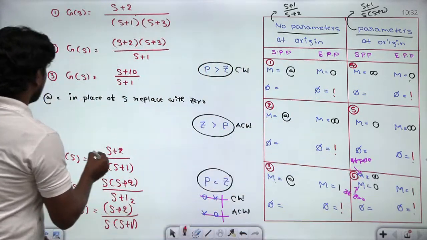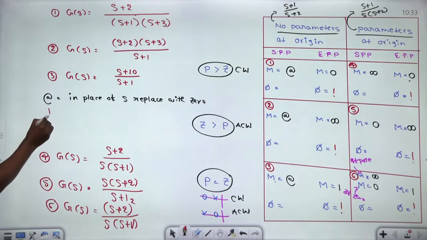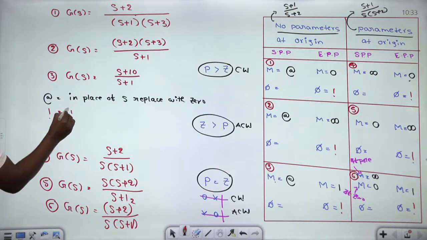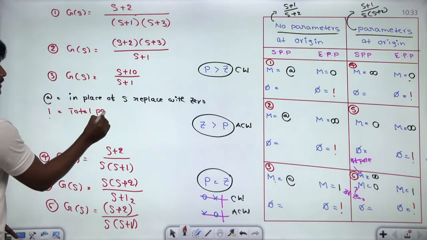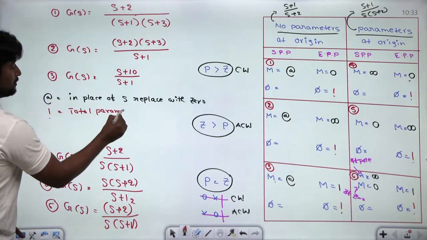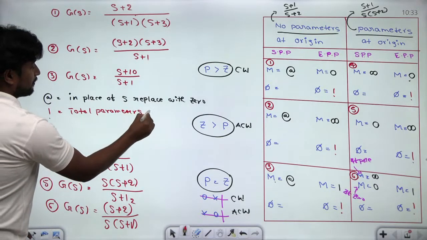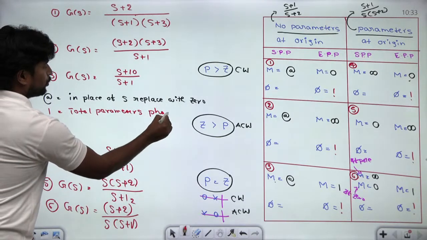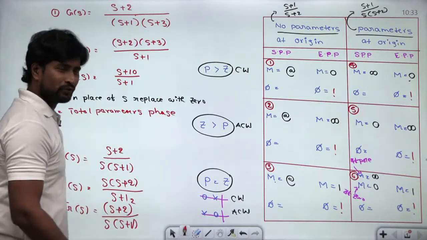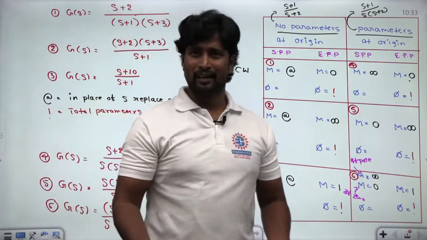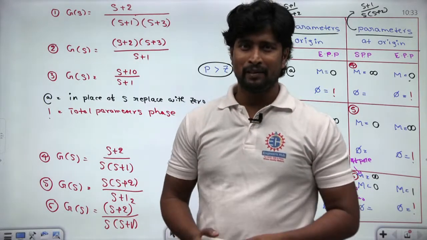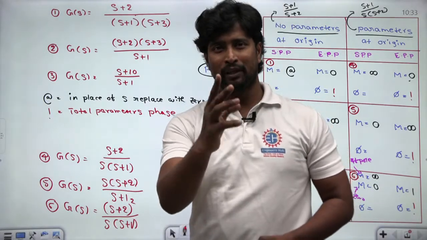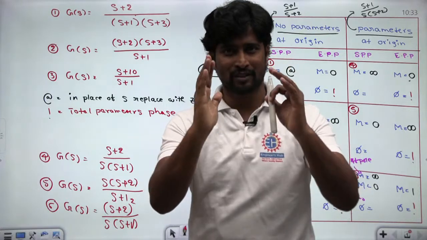The meaning of that symbol is total parameters phase. So what is the meaning of total parameters phase? Simple, guys. Already you know individual pole phase equals minus 90. Individual zero phase equals plus 90. That thing you have some good clarity.